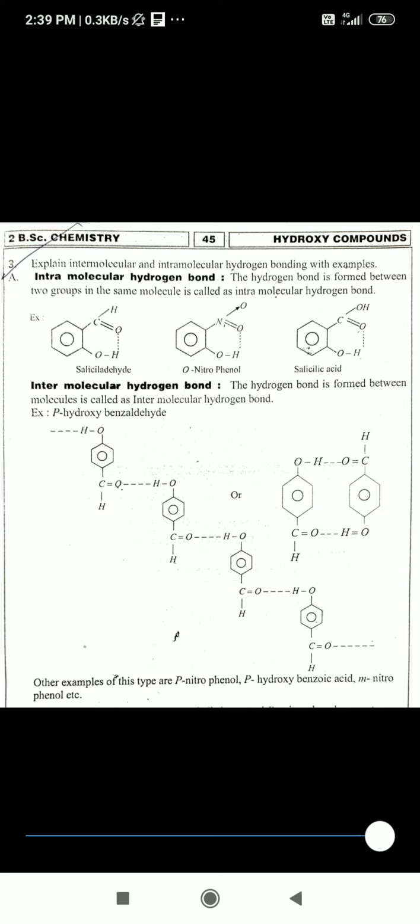The only difference between the previous one and this one is that in intramolecular hydrogen bonding, the bond is formed within the molecule, but intermolecular hydrogen bond is formed between two molecules, as shown in the figure. The hydrogen bond formed between molecules is called intermolecular hydrogen bond. The best example is p-hydroxybenzaldehyde, as shown in the figure.